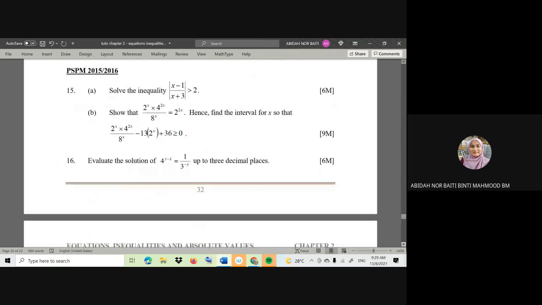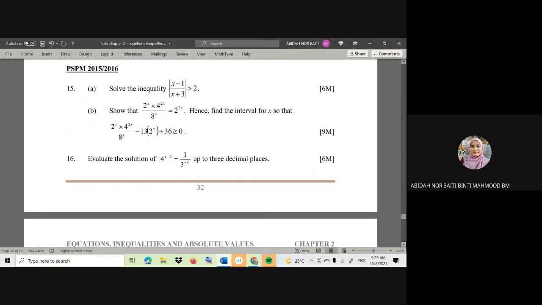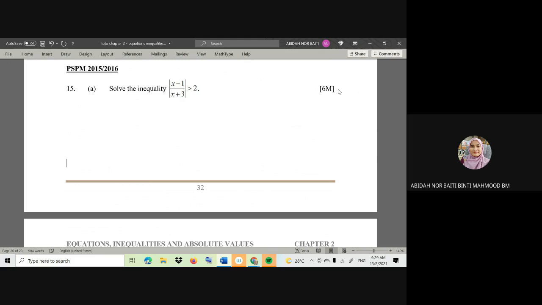Okay, number 15, we have modulus. Nampak kita ada modulus kat situ at one side, okay, inequalities involving absolute values. So kita pakai apa ni? Goal. Goal, yes, goal ya, sebab dia ada modulus. So greater is or.